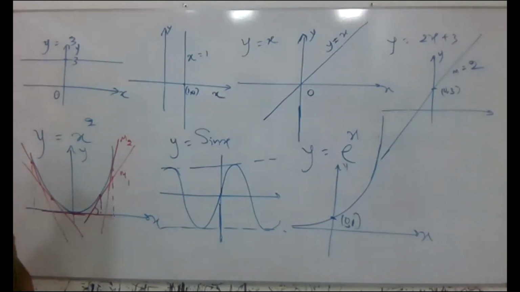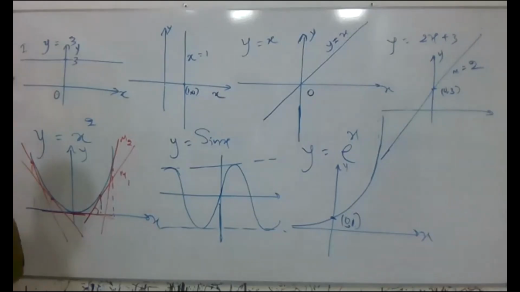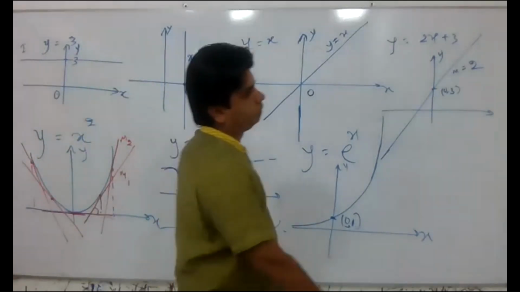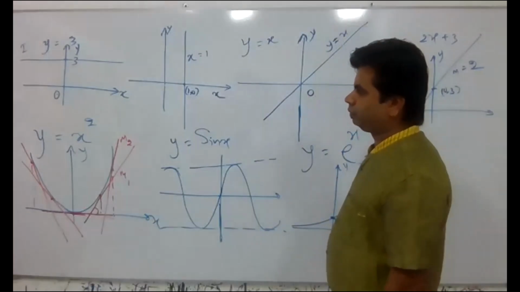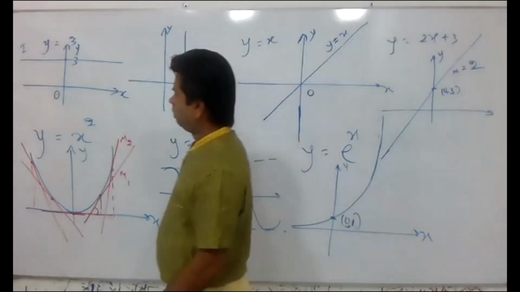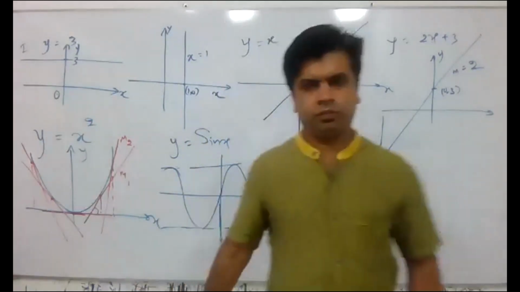Take this one as the first one. Y equals 3. Take a rough sketch of the graph quickly.